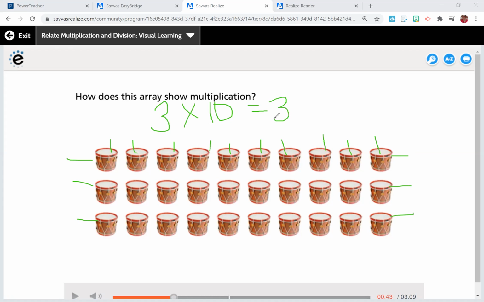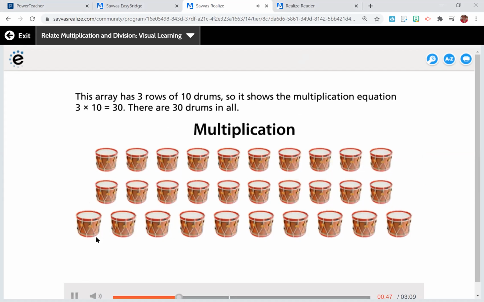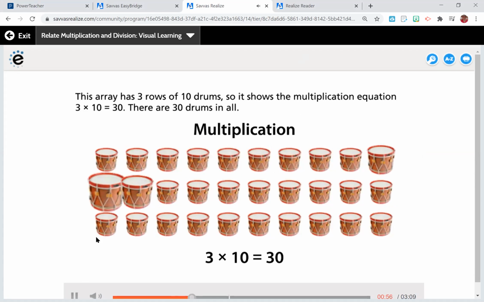My total is 30. Check and see if you got the same one. This array has 3 rows of 10 drums, so it shows the multiplication equation 3 times 10 equals 30. There are 30 drums in all.